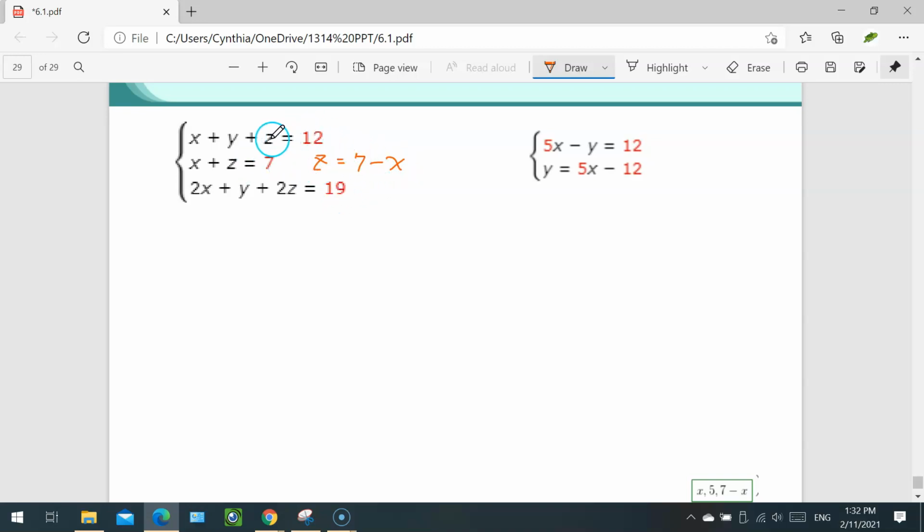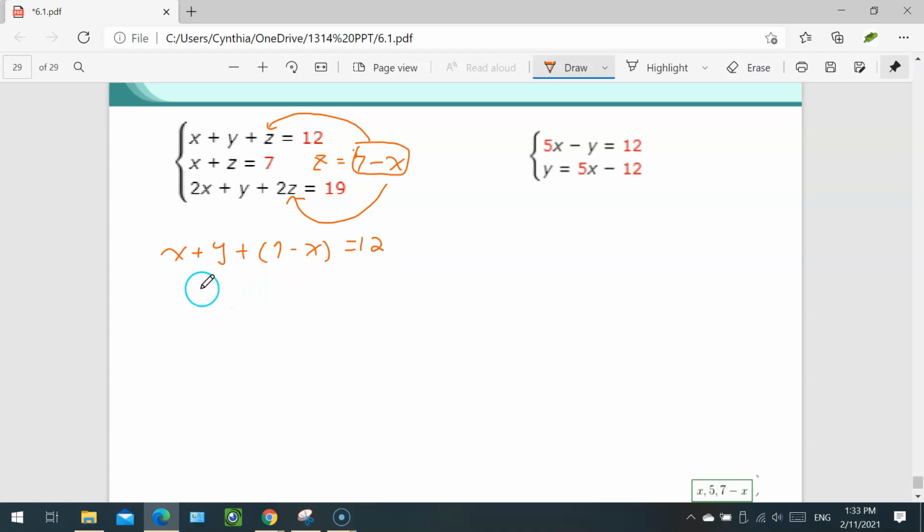Now I'm going to substitute the z, because the two other equations have the same pattern, so it doesn't really matter. I substitute the z into here, and I also can substitute the z into here. So let's rewrite x plus y plus (7 minus x) equal 12.